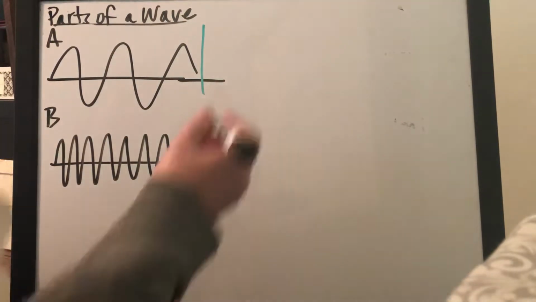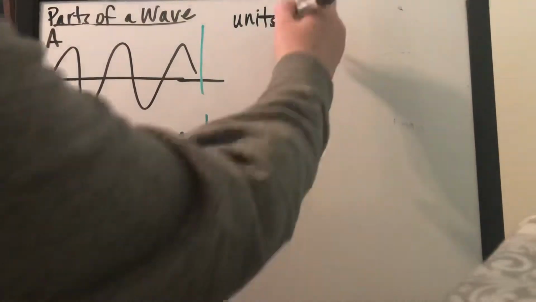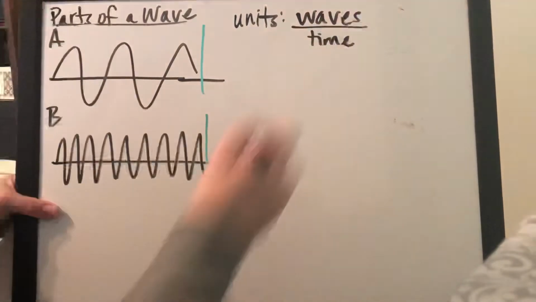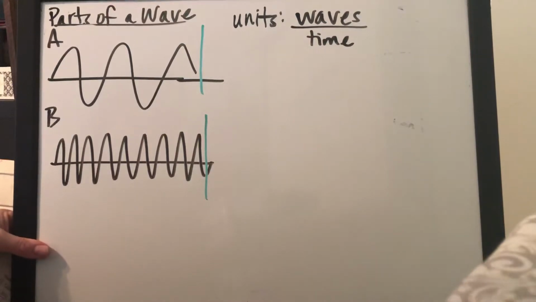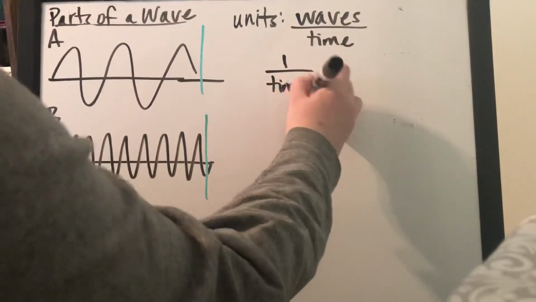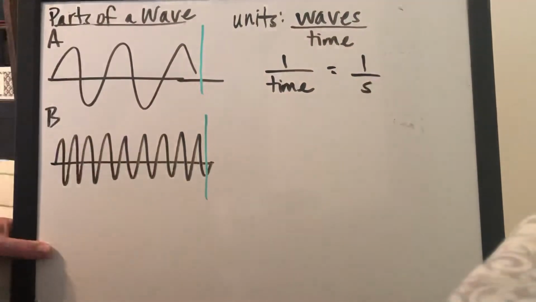First of all, the units for frequency are technically waves per time, and most often you'll see this as waves per second. Now, waves doesn't have a unit, so this gets a little odd, but the units for frequency are actually 1 over some unit of time. Most often you will see 1 over seconds, though you can see 1 over minutes.